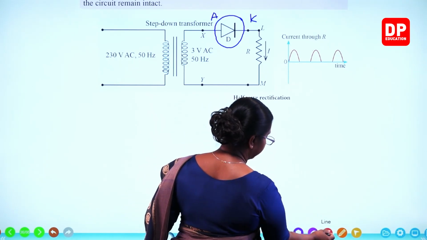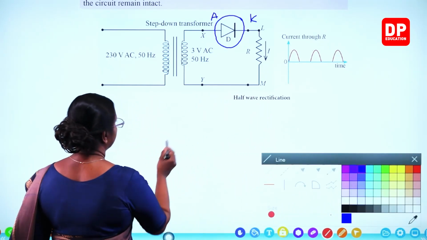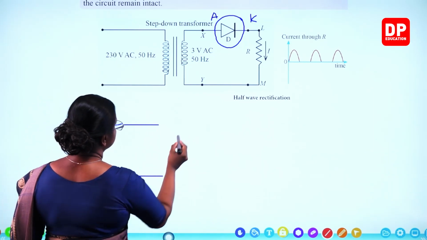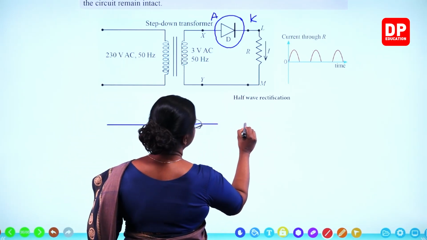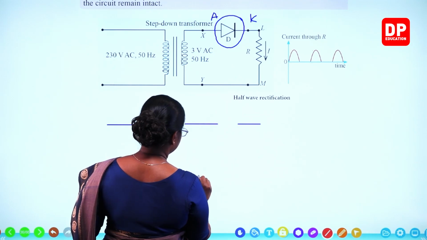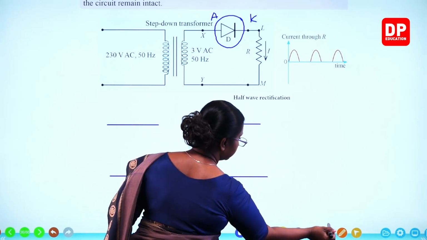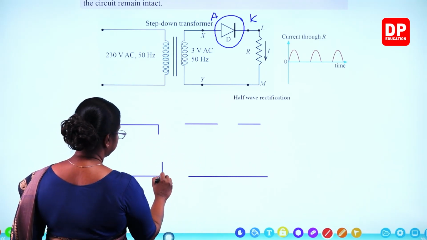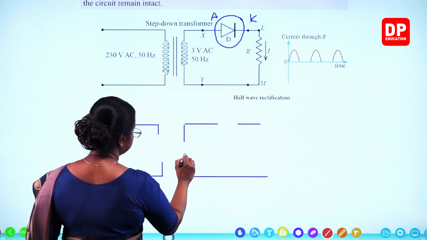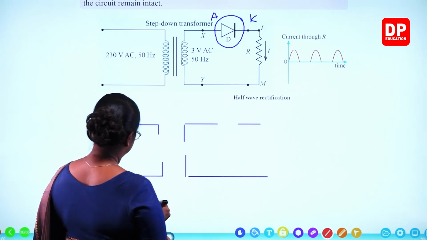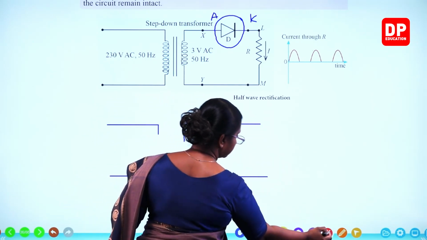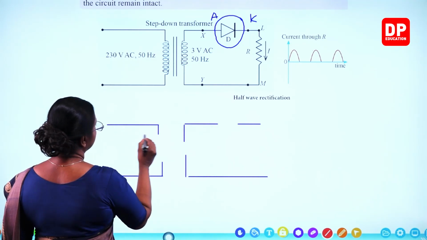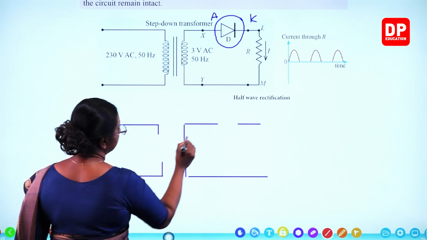So if we do that, now here we need to have this component, then here the diode, so here we will have the transformer, so here we are going to have the diode.